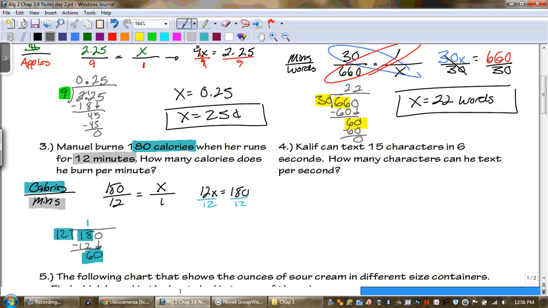Well, it goes in exactly 5 times. So in 1 minute, Manuel would burn 15 calories.